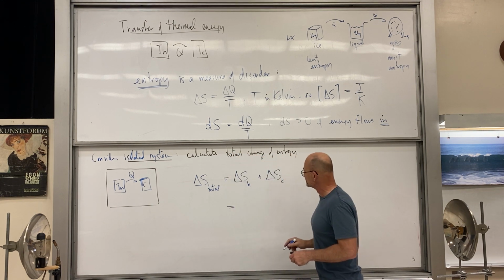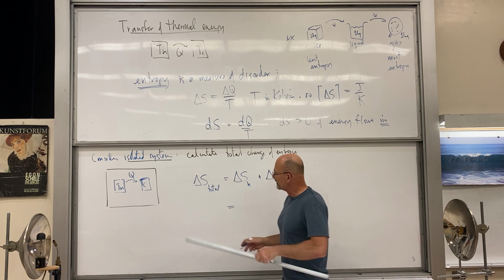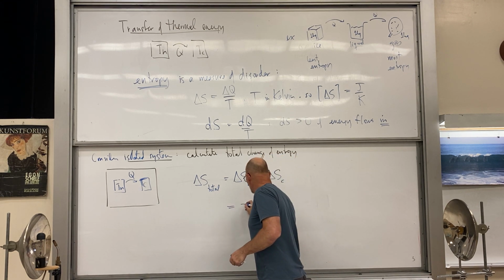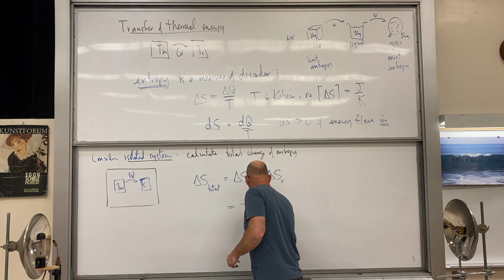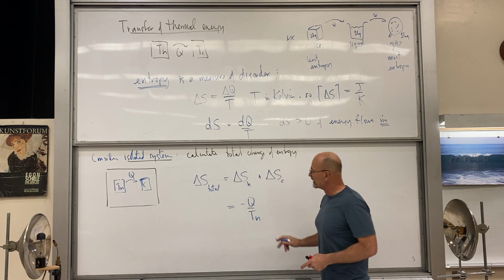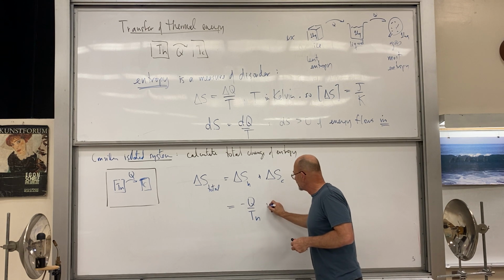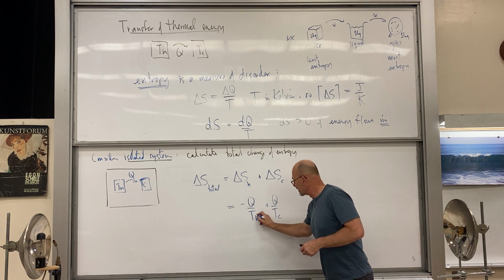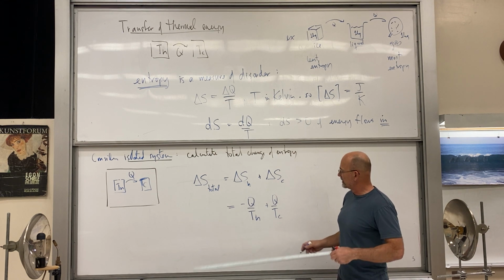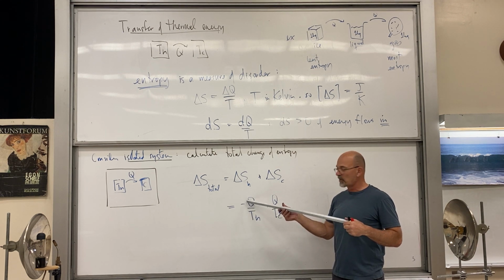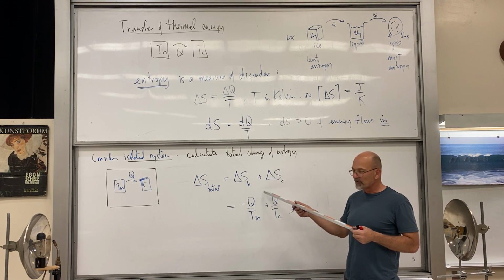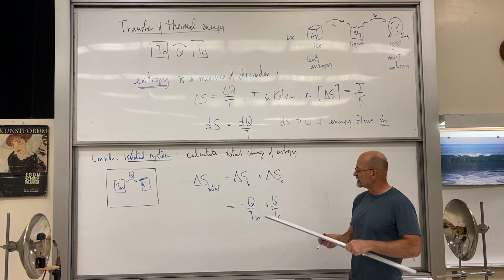Because the energy is leaving TH, we get minus Q over TH, and because it's entering TC, we get plus Q over TC. This Q is a positive quantum of energy, so and so many joules.